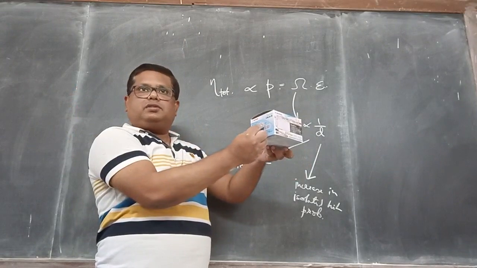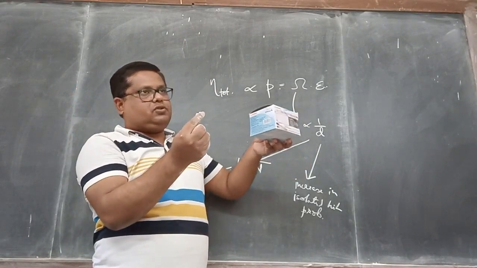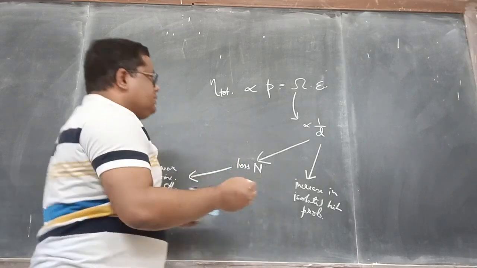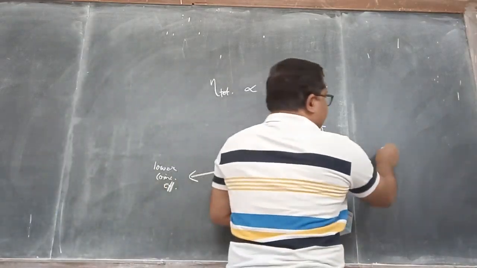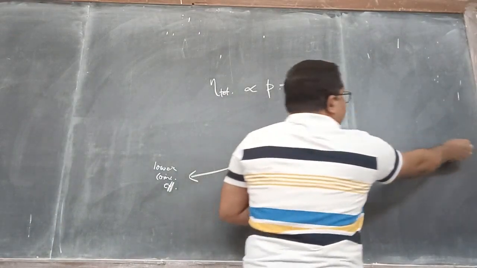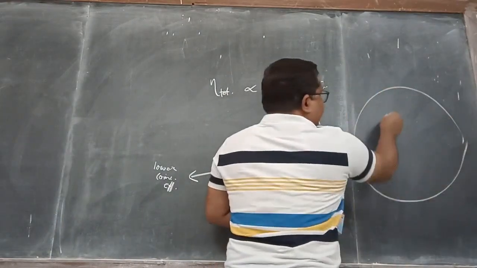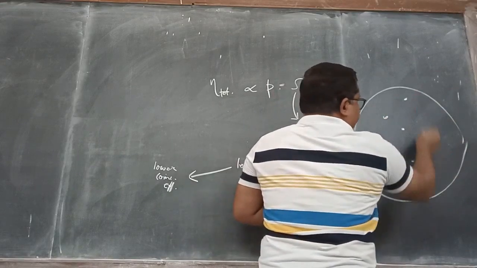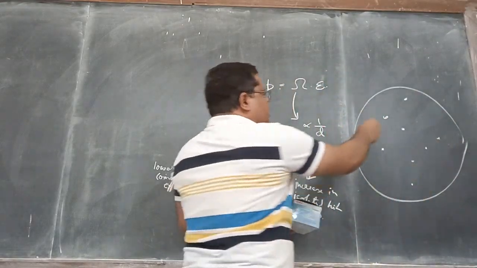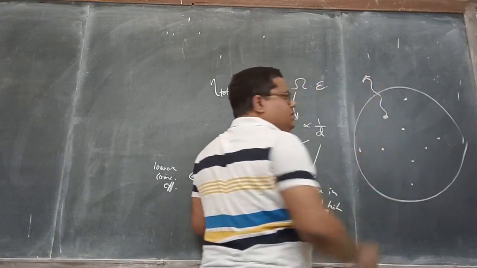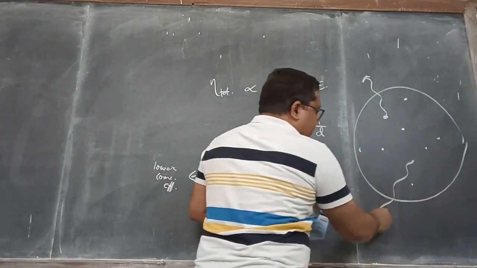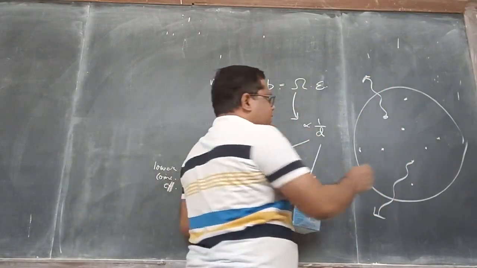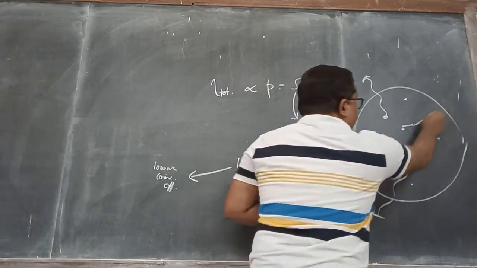Now if I put the source very close to the detector, what will happen is that this source, if I zoom in, is a very big chunk, and inside it there are small nuclei, right? And at a time, suppose one nucleus de-excites by emitting one gamma ray, another nucleus can also de-excite and emit another gamma ray, and so on and so forth.